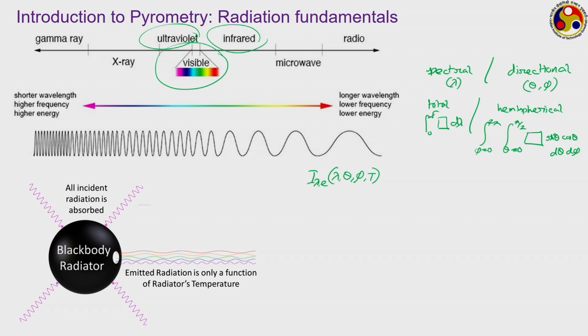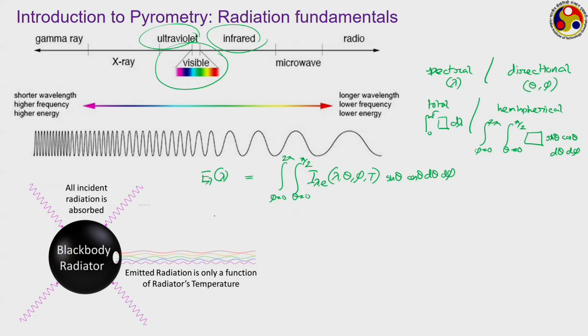Now, if we integrate this over all possible directions, that is phi equal to 0 to 2 pi, theta equal to 0 to pi by 2, sin theta cos theta d theta d phi, then what we get we generally indicate as E lambda, function of lambda, which we call the spectral emissive power, or I should say the spectral hemispherical emissive power, because here we are talking about emissions of one particular wavelength, but going into all possible directions over a hemisphere.